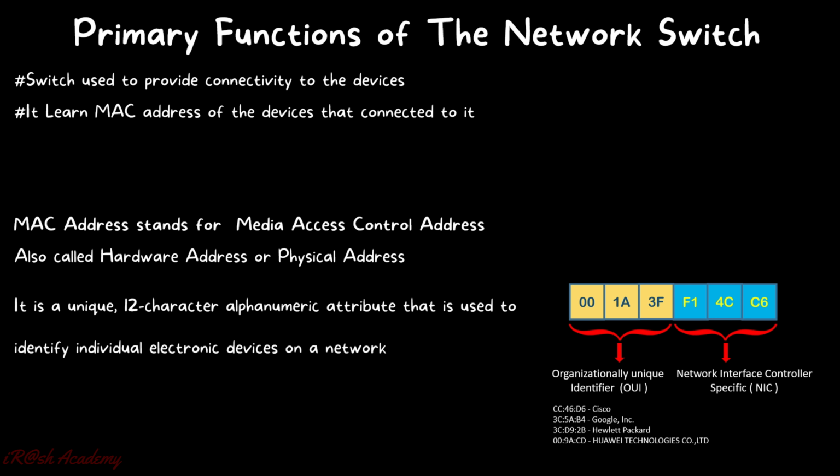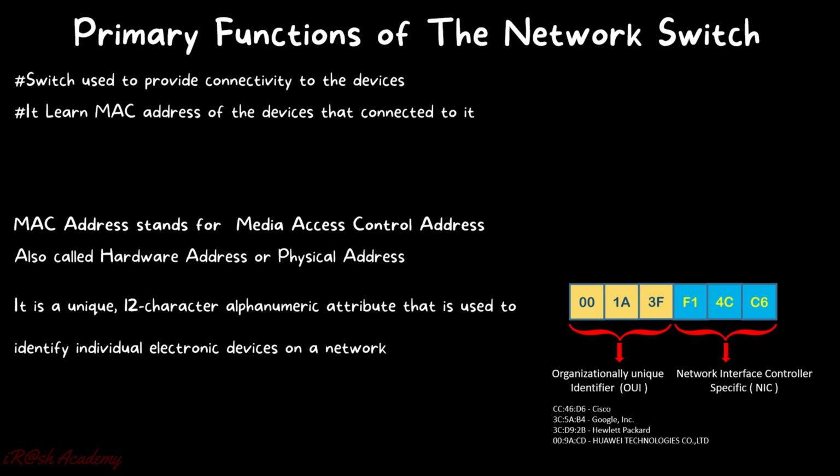The MAC address is a unique 12-character alphanumeric attribute that is used to identify individual electronic devices on a network. It has two parts. The first 6 characters are known as the OUI, that means Organizationally Unique Identifier. This denotes the hardware manufacturer. For each hardware manufacturer, there is some specific registered OUI number.